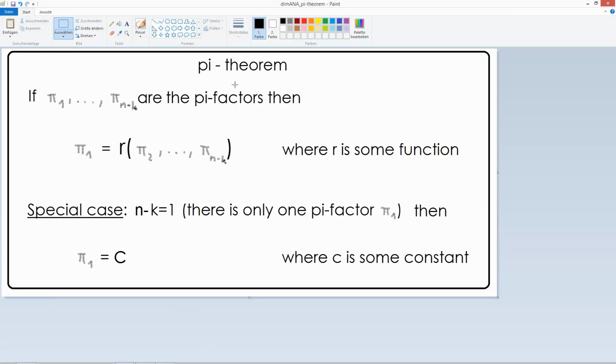The pi theorem states that if pi_1 to pi_(n-k) are all the pi factors you calculated earlier, then one of the pi factors, for example pi_1, can be written as some function r of the other factors. A special case is when n minus k is equal to 1, which means that there is only one pi factor pi_1. Then pi_1 is equal to c, where c is some constant.